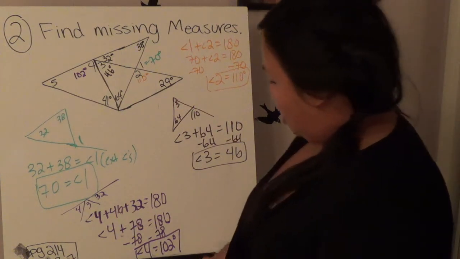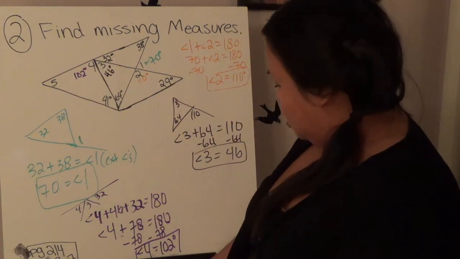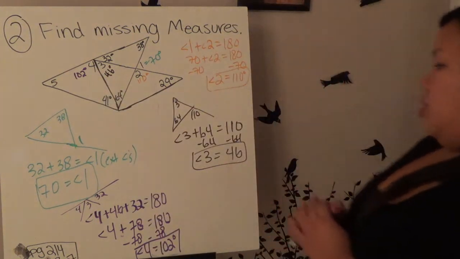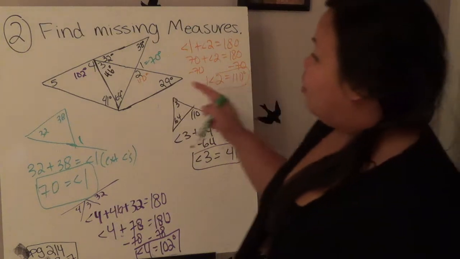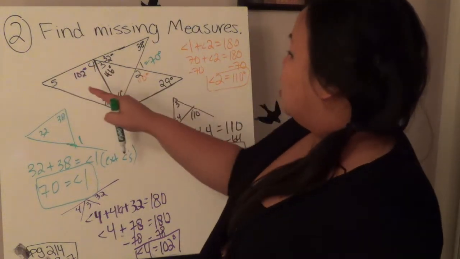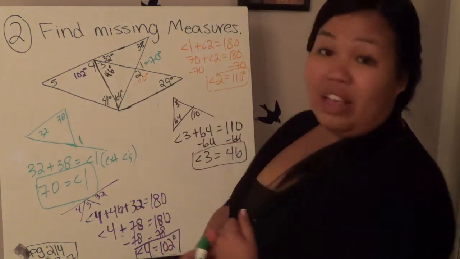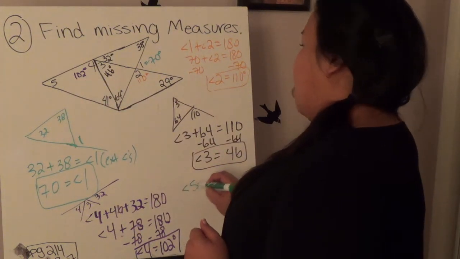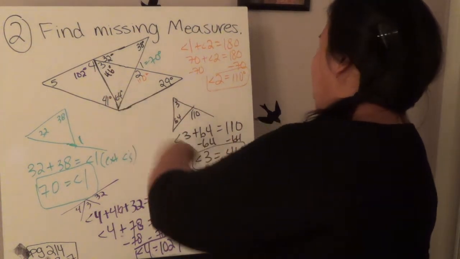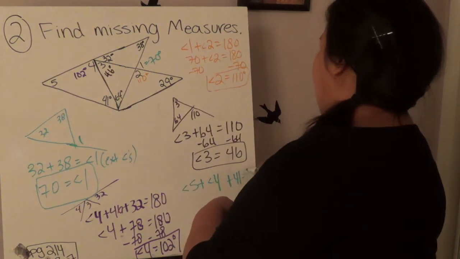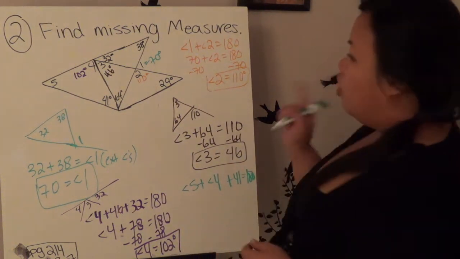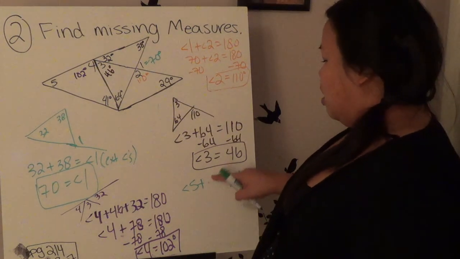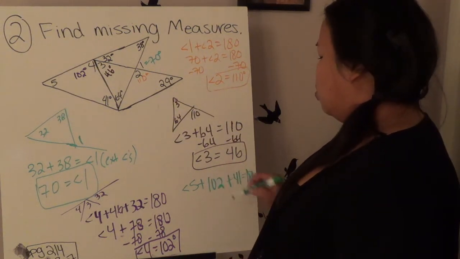So we have one last angle left, and that is angle 5. Angle 5 makes up a triangle with these. So because of the angle sum, I know that angle 5 plus angle 4 plus 41 equals 180, right? Because all the angles in a triangle add up to 180. And we know what angle 4 is. That is 102.